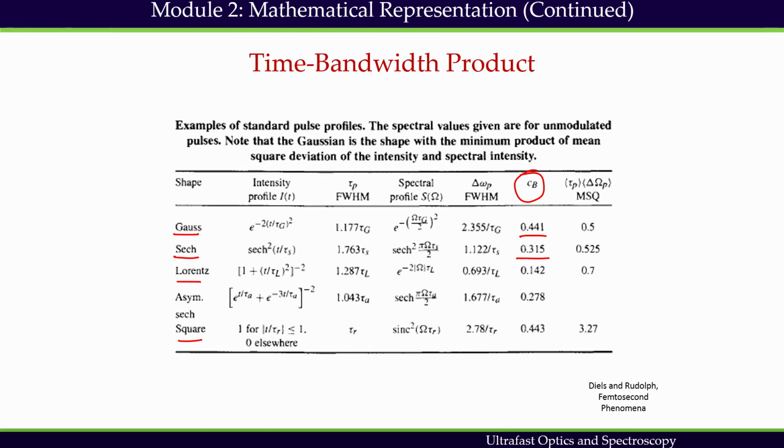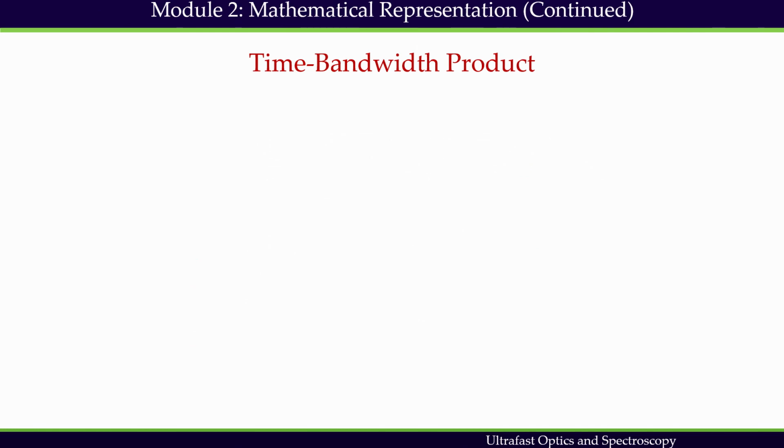We have to remember that we have to assume a pulse shape first, then use the corresponding time bandwidth product. We should not mix these numbers. For delta nu, delta t, if we assume that it is a Gaussian pulse, then I can write down this time bandwidth product for a transform limited pulse.